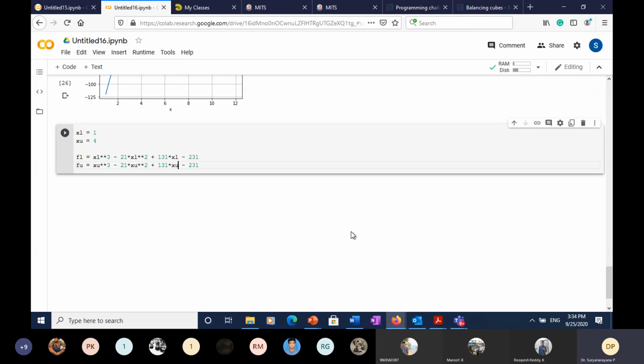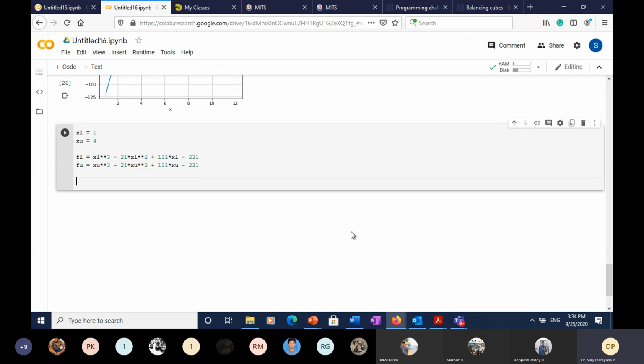See what I'm doing: I have taken the initial bracket, the lower limit and the upper limit, and I found the function values. I evaluated the function for XL, the lower limit of the bracket, and also for XU, the upper limit of the bracket. So we have those two.